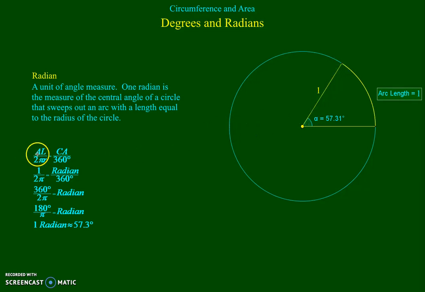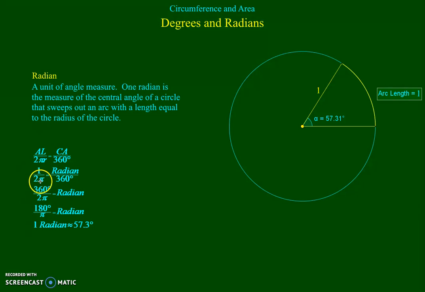So here we have the arc length proportion. Arc length is to circumference as central angle is to 360, and we have arc length, which is 1, over 2 pi r. Well, since the radius is 1, that's just 2 pi because r is equal to 1, so the 1 disappears.